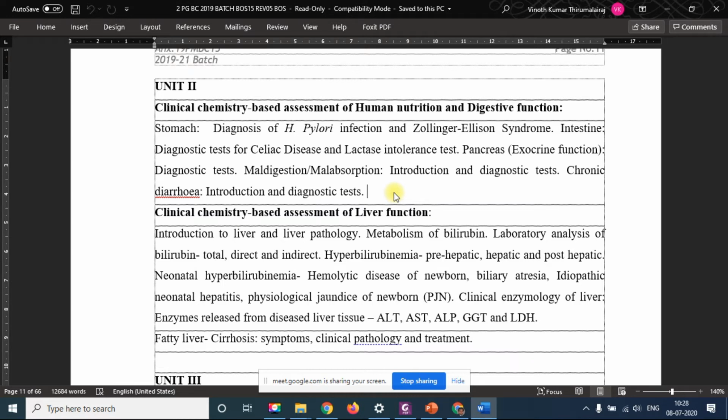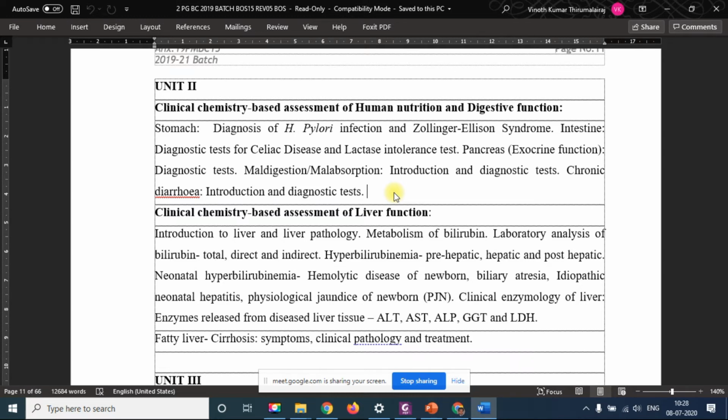So today we are going to discuss an infection caused by a bacterium called H. pylori, Helicobacter pylori. Helicobacter pylori is a spiral bacterium that can withstand the acidity of the stomach.